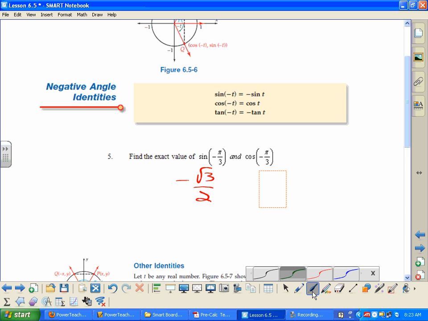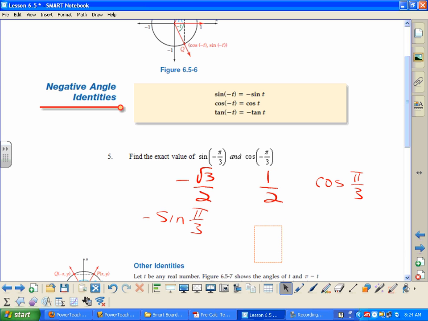So we're looking at the negative sine of pi over 3. Sine of pi over 3 is positive, so I just make it the opposite. For cosine, we want to just find the cosine of pi over 3, which is equal to the cosine of negative pi over 3. So that is positive 1/2.